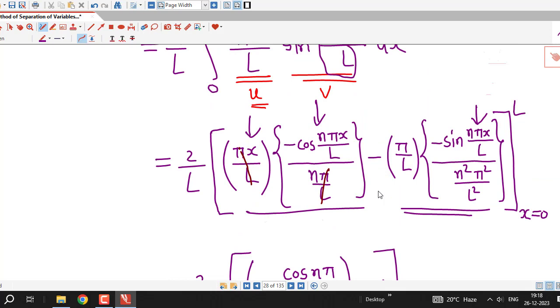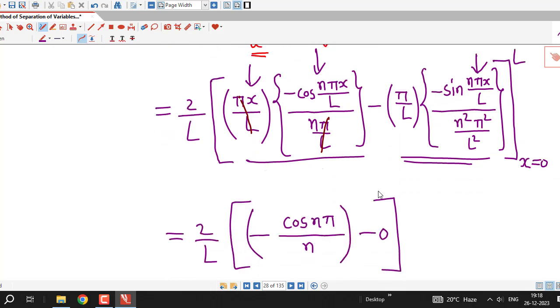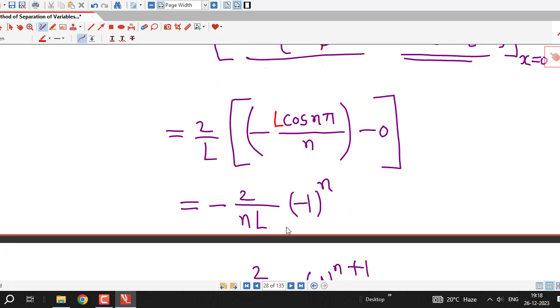And here for the upper limit, when I take x equal to L, here I will put x equal to L, and here also I have to take x equal to L. So there is one L here, and that L will get cancelled with this L. So I don't have to write L here.